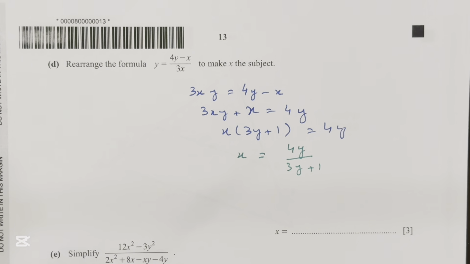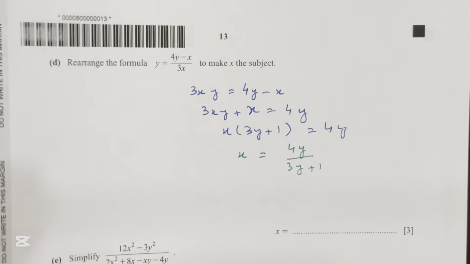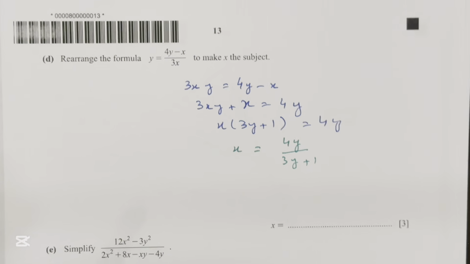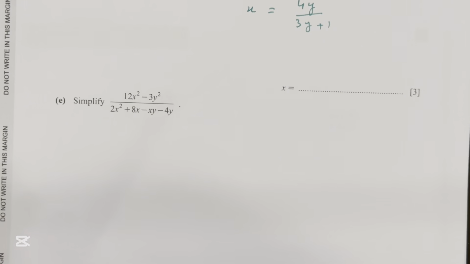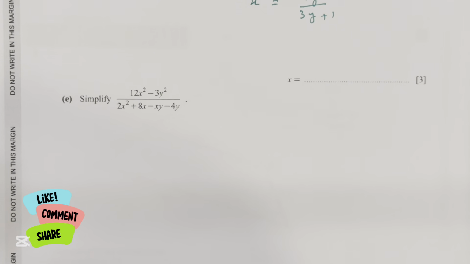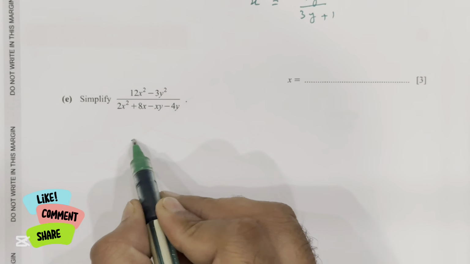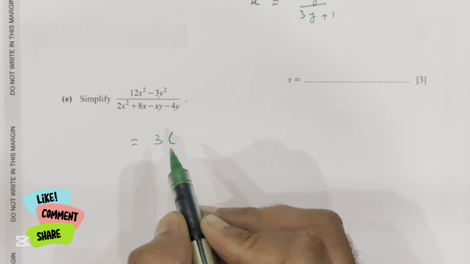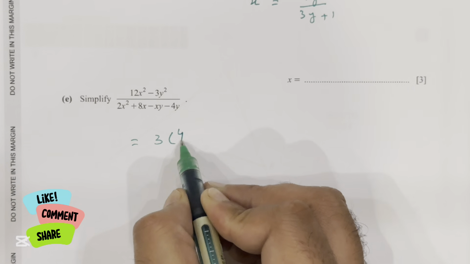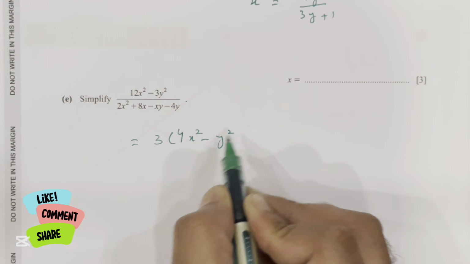Moving to its C part, that is simplify. 12x square minus 3y square over 2x squared plus 8x minus xy minus 4y. Okay, you can take 3 common from the numerator. That would be equal to 4x square minus y square.